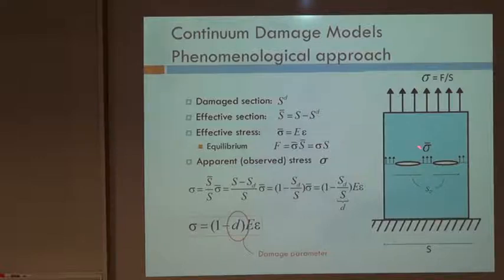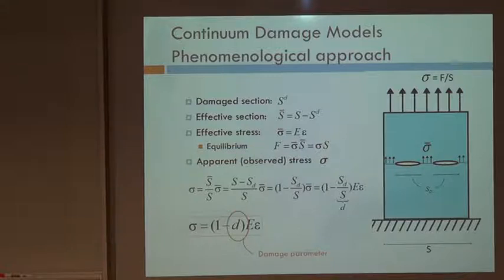times the effective stress, which is the stress that an elastic material would resist from this strain, which is E times epsilon. Okay? So this is the fundamental equation that we extract from this first approach.